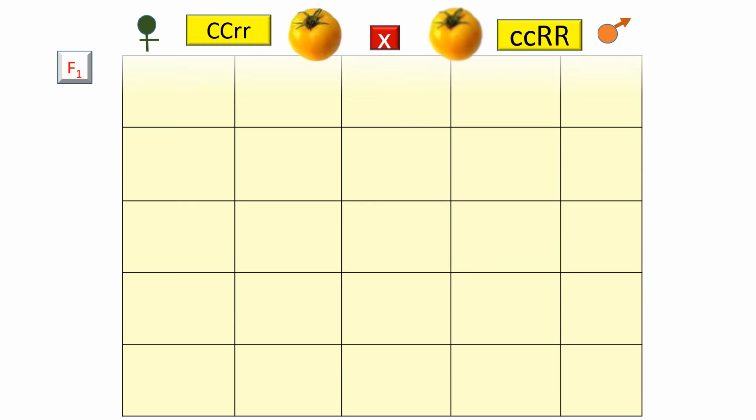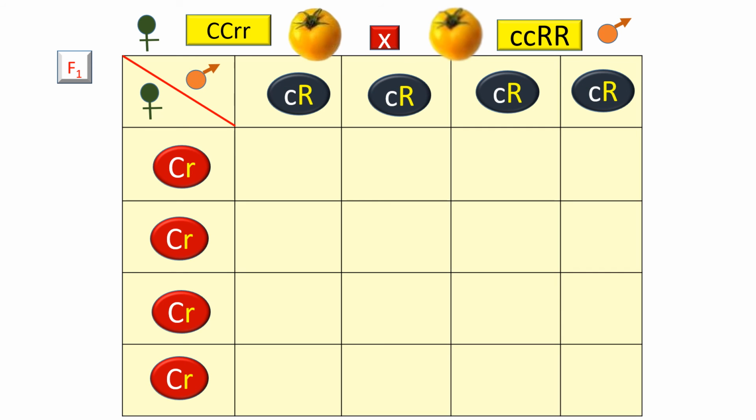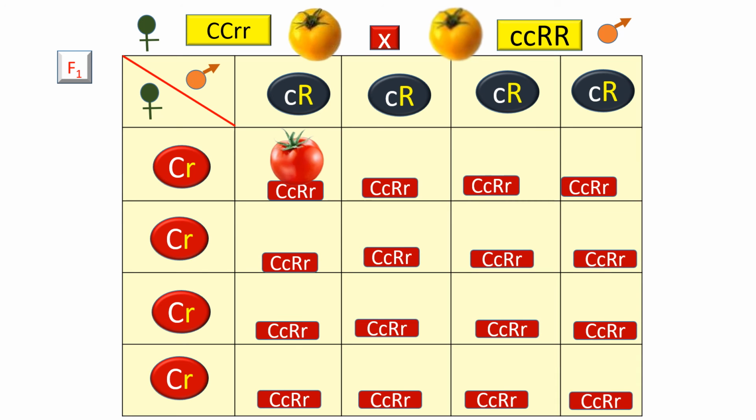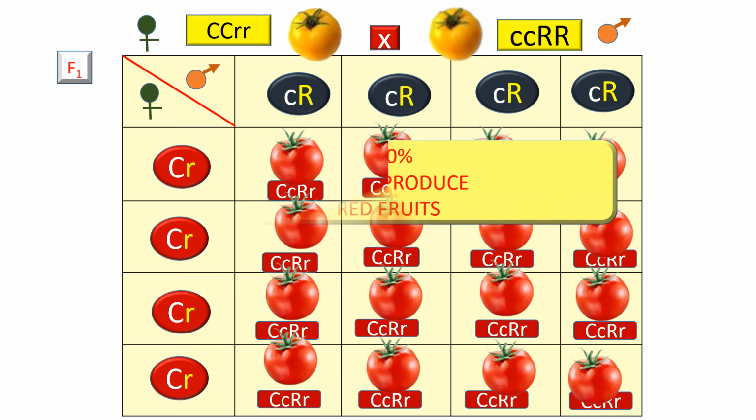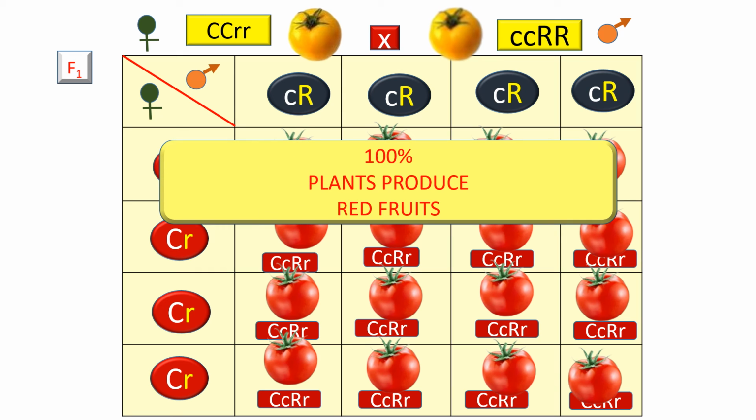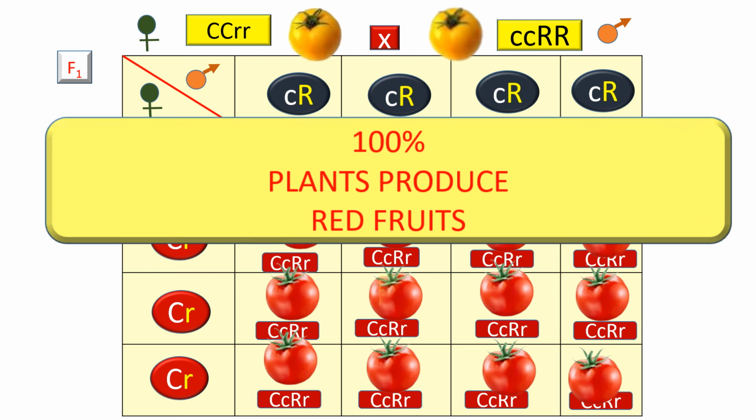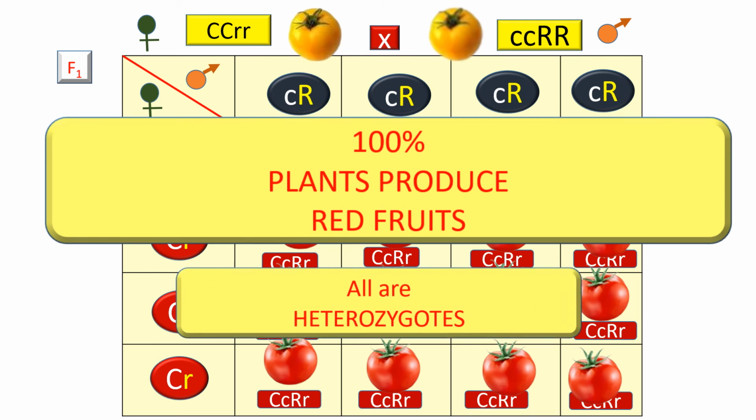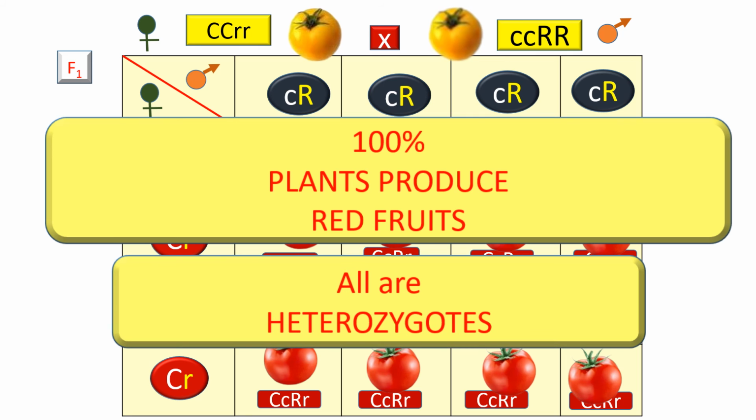Gametes are formed in the same manner discussed above. Random fertilization of gametes and formation of F1 progeny. All the F1 plants produce red fruits when 2 plants that produce yellow fruits are crossed, and all the plants are heterozygotes. Formation of F2 generation by crossing F1 plants.